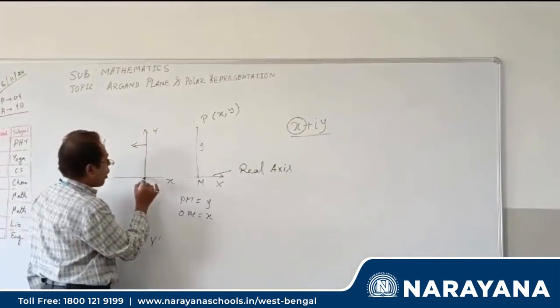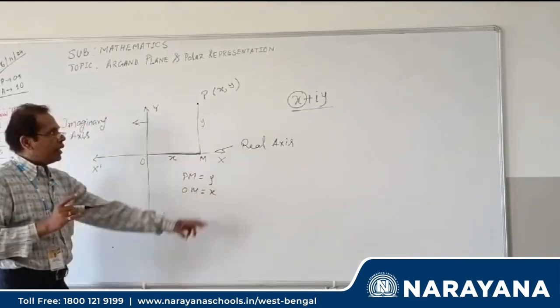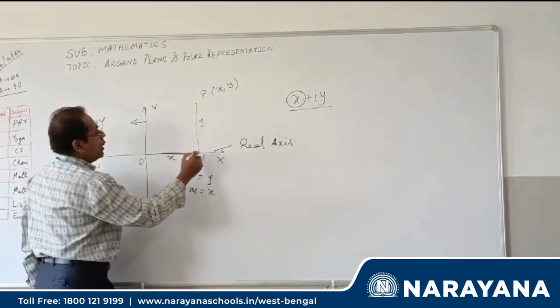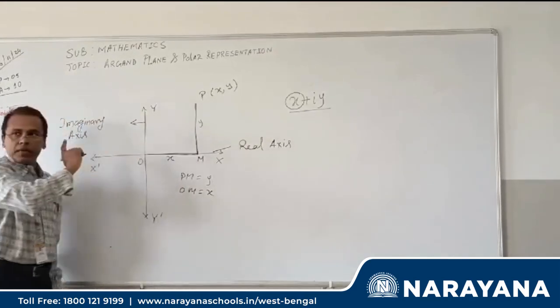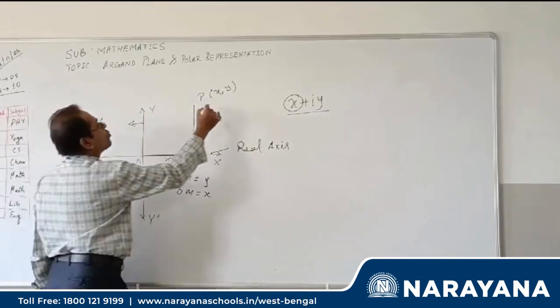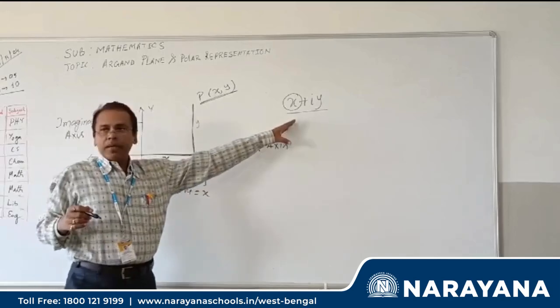So that you can plot accordingly on the real axis, and then y you can plot along the imaginary axis. So that point P(x, y) we can represent a complex number also.